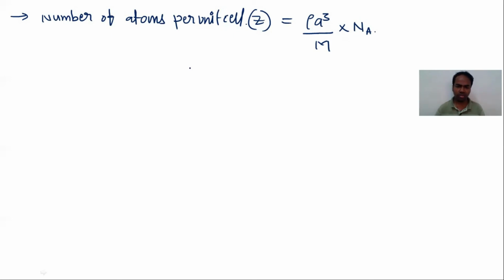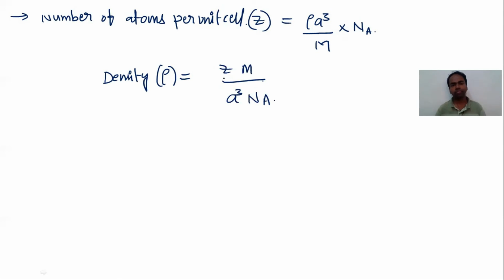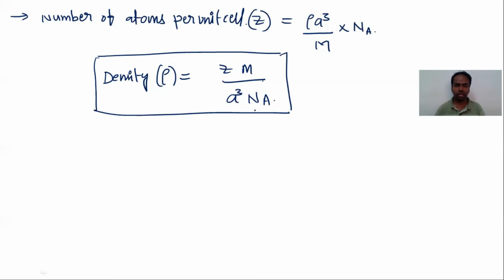So from this derive the rho expression. Density of unit cell or density of solid, rho, is equal to Z M by a cube into Na. So this is the density formula.